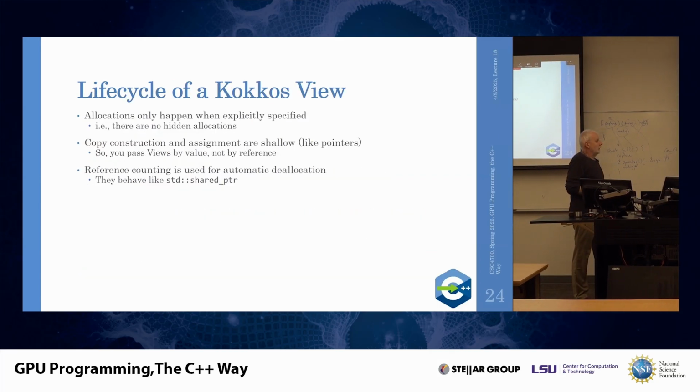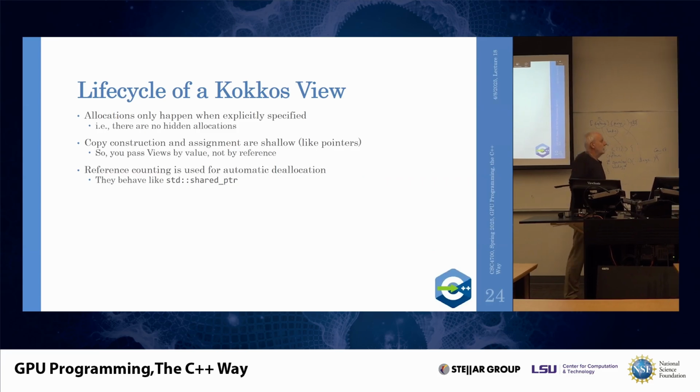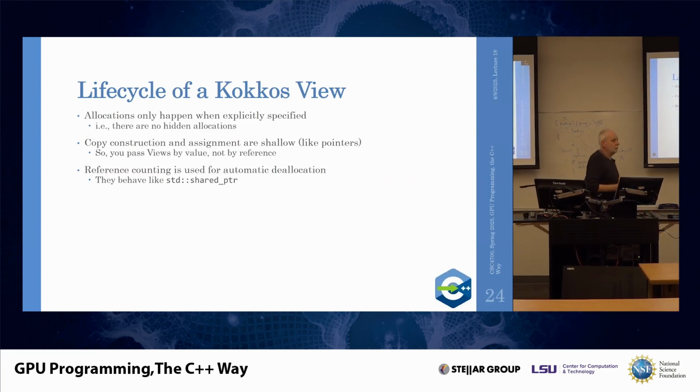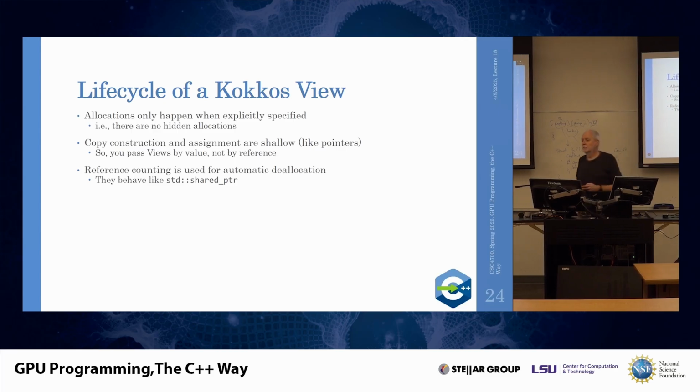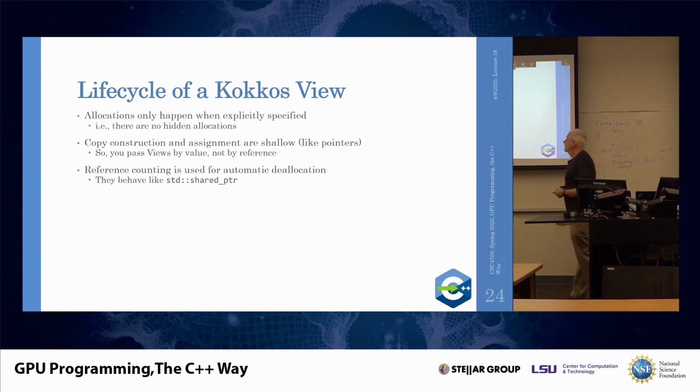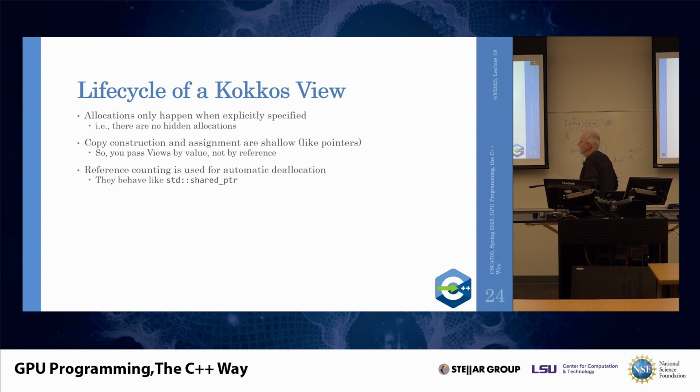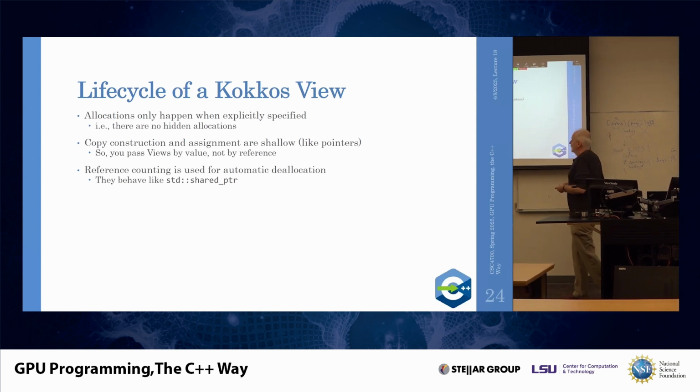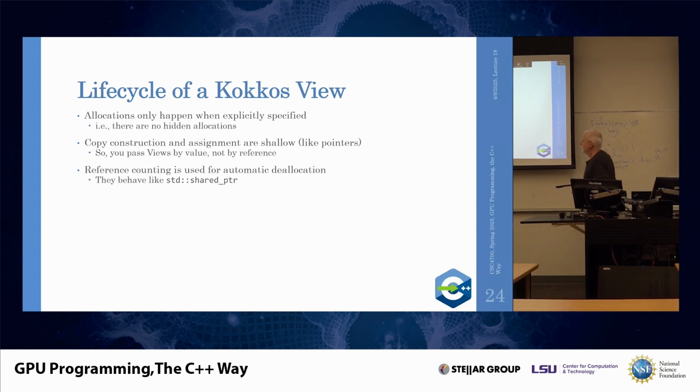Okay, to remember is that allocations will not happen implicitly in Kokkos, never. It's always up to you when to allocate data and how to allocate data. So there are no hidden allocations. But copy construction and assignment are shallow, as I said, like pointers.